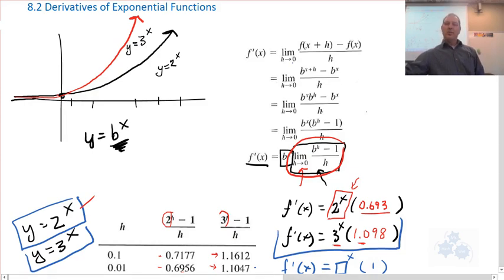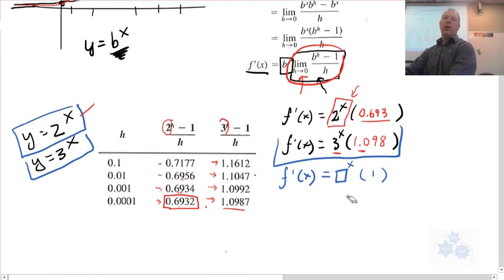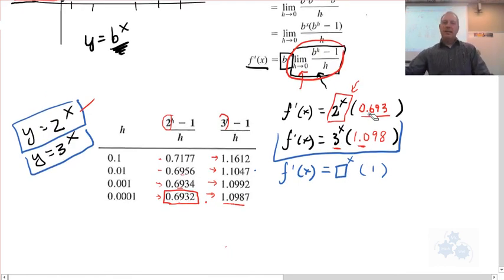So here's what I'm getting at. If you examine the bases of 2 and 3, what we find is that somewhere in between the base of 2 and 3, like 2 point something, there logically should be a base that is multiplied by the constant 1. Or there should be a base for an exponential function which is its own derivative.